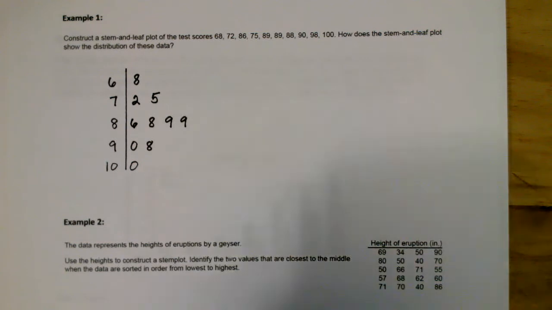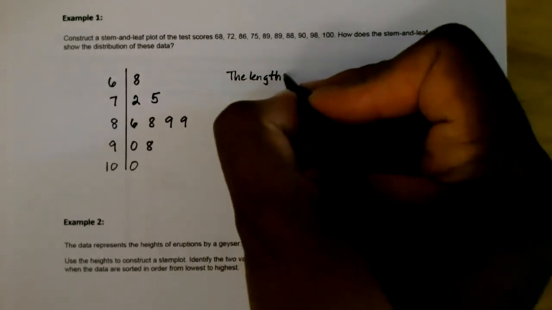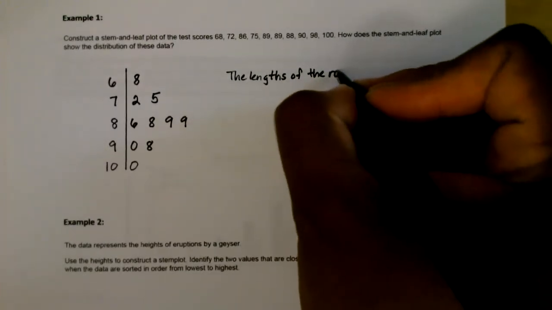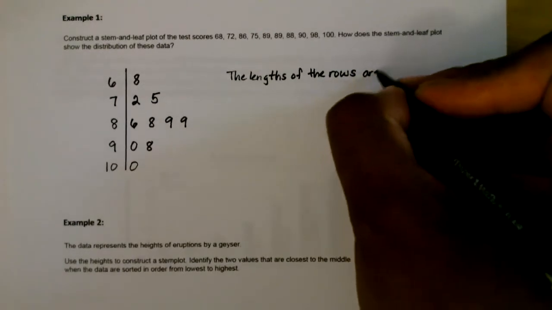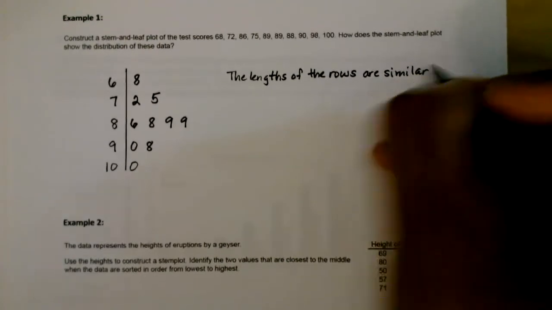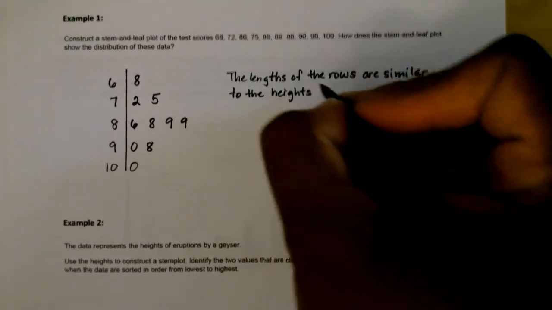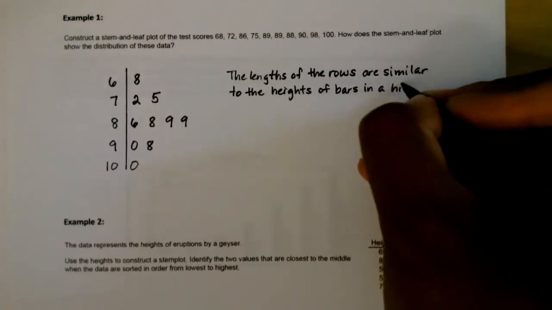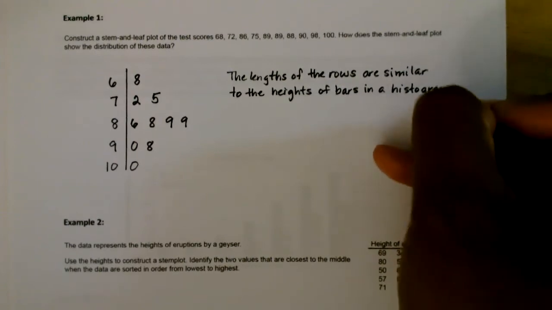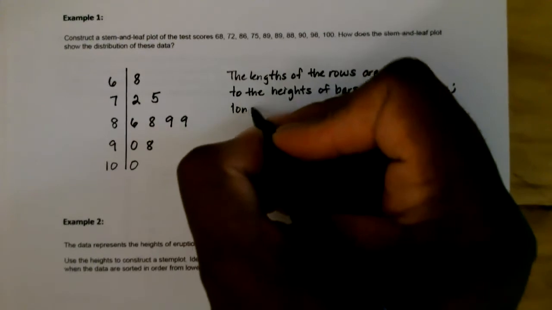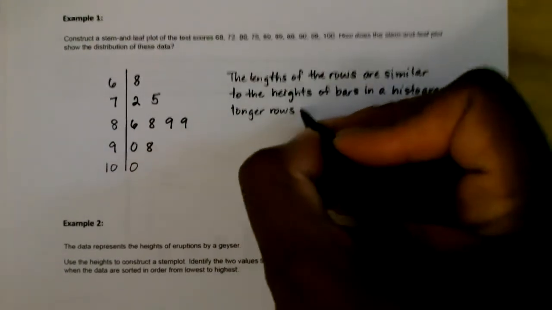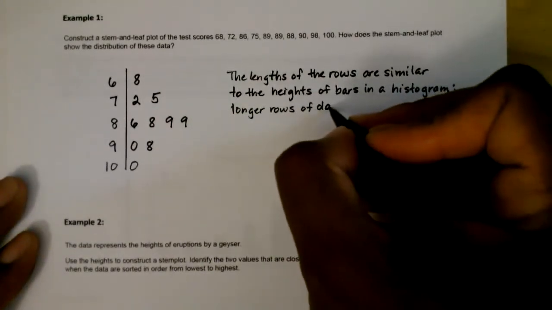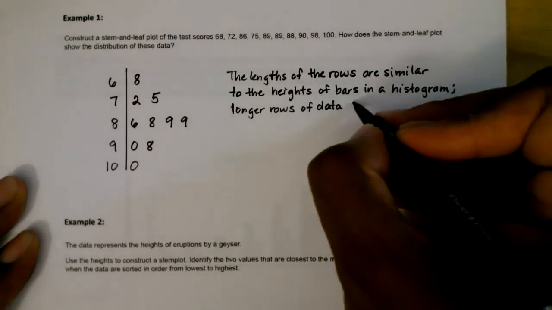Okay. Well, if you look at this, the lengths of the rows are similar to the heights of those bars in a histogram, and longer rows of data correspond to higher frequencies.